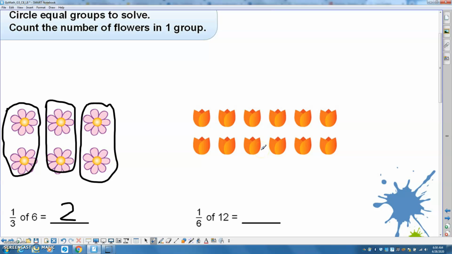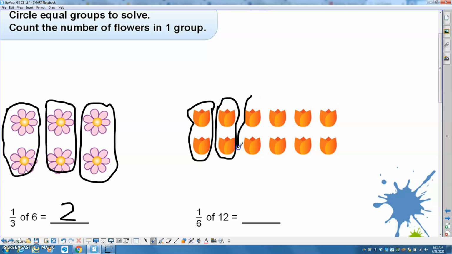Let's do it over here. This tells us that we want to find 1/6 of 12. So we have our 12 tulips here. It's appropriate for springtime right now. We want to find 1/6. So we need to make 6 equal groups. So I have 1, 2, 3, 4, 5, 6. And if I circle 6 equal groups, never mind my crazy circles here.